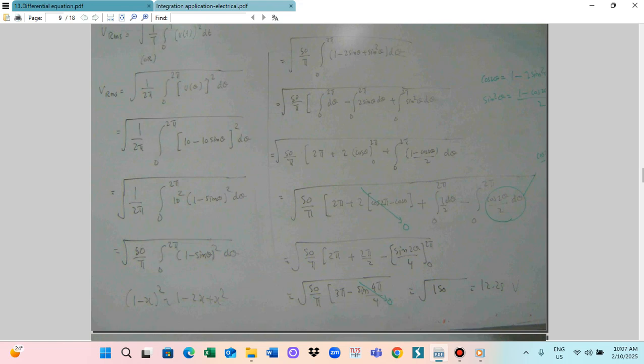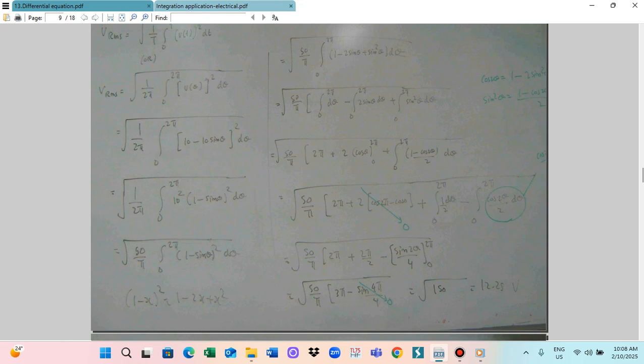So now we integrate. Square root of 50 by pi, integration 0 to 2 pi d theta, minus integration 0 to 2 pi 2 sin theta d theta, plus integration 0 to 2 pi sin square theta d theta. Now we substitute: the d theta integral gives 2 pi.